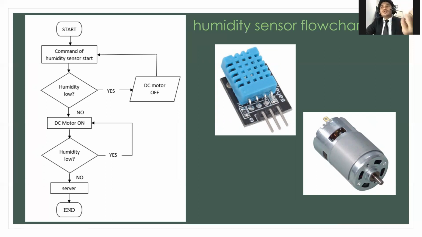The DC motor will remain in the forward condition until the sensor gets a high reading. If the sensor gets a high reading, the DC motor will return to the reverse state and close the vent. The smartphone will display the data read by the humidity sensor via Wi-Fi.